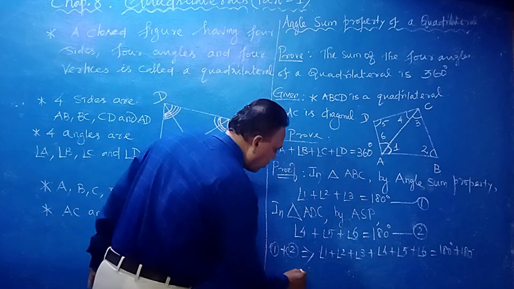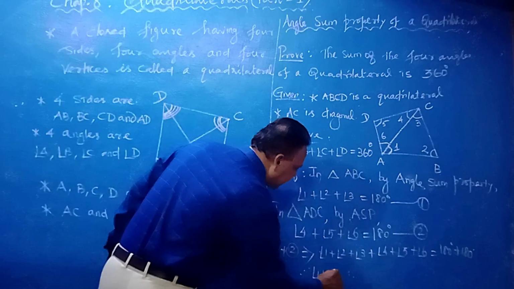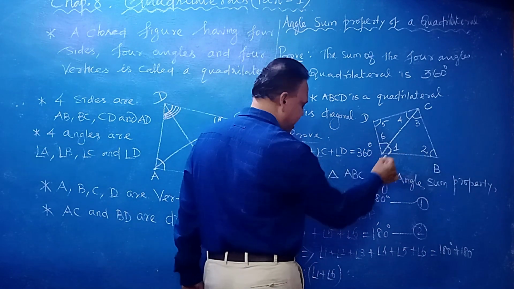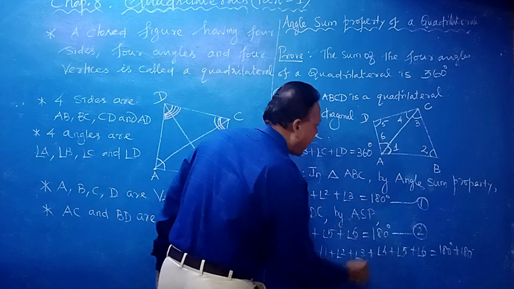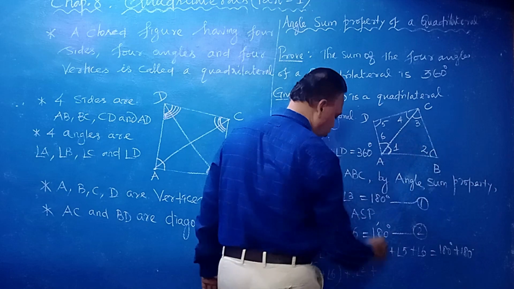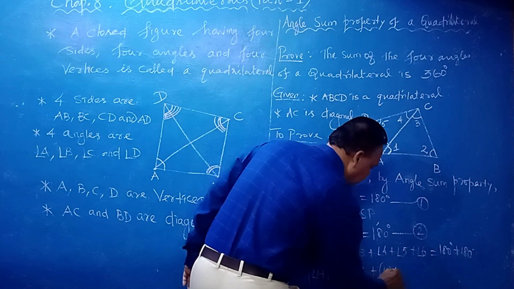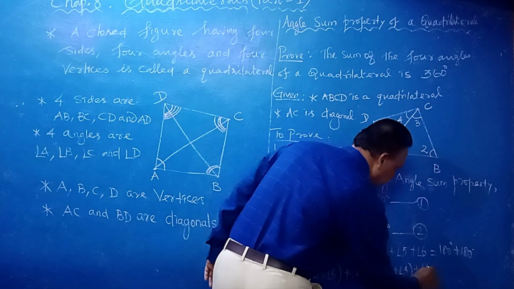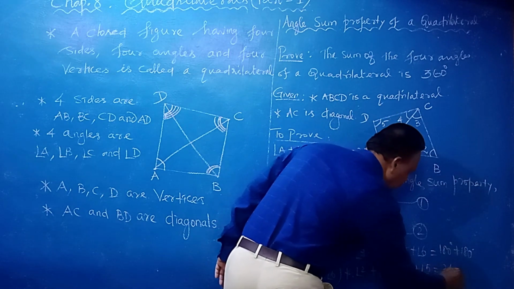Now I am going to group angle 1 plus angle 6, because together they make angle A. Angle 2 write as it is. Angle 3 and angle 4 group together. Angle 5 write as it is. That is equal to 360.